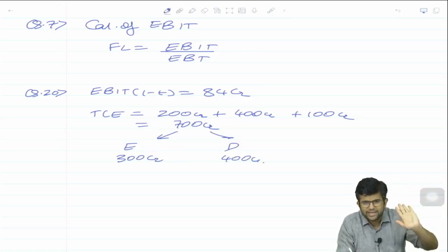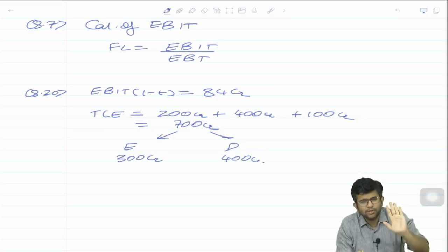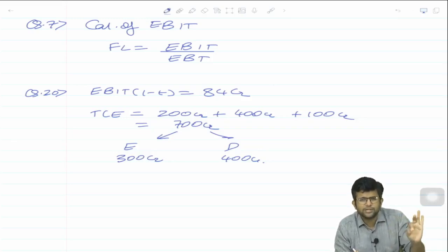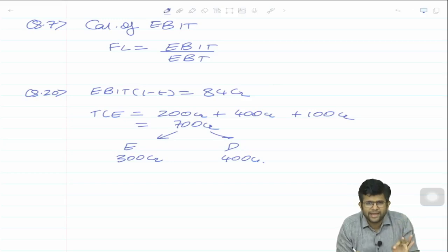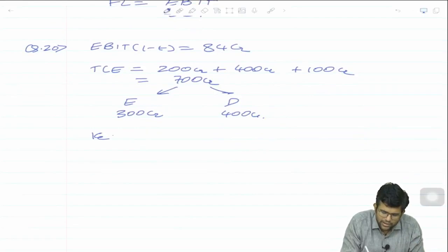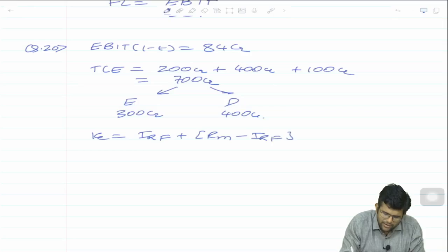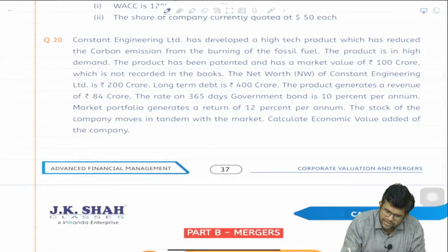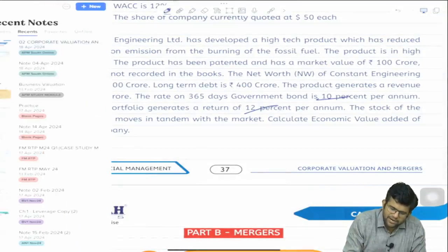So if you think about your EVA, your EBIT 1 minus T is set, your TCE is set. Now the only thing left is WACC. For WACC, weights of debt and equity are also set. You only need KE and KD. Everybody clear? For KE, this formula is there: IRF plus RM minus IRF into beta. IRF is given to you in the question as 10%. Market return is 12%.